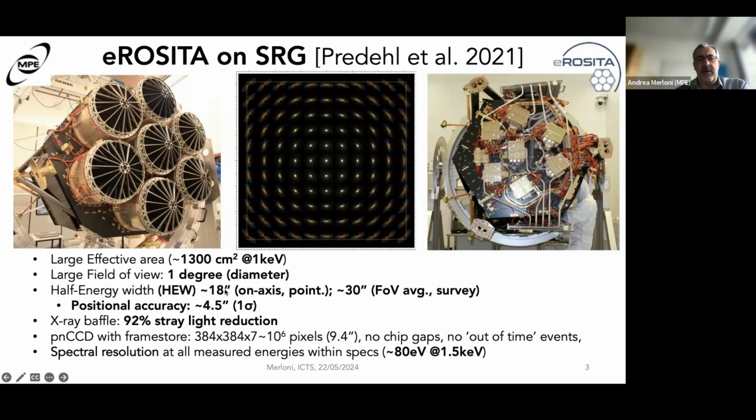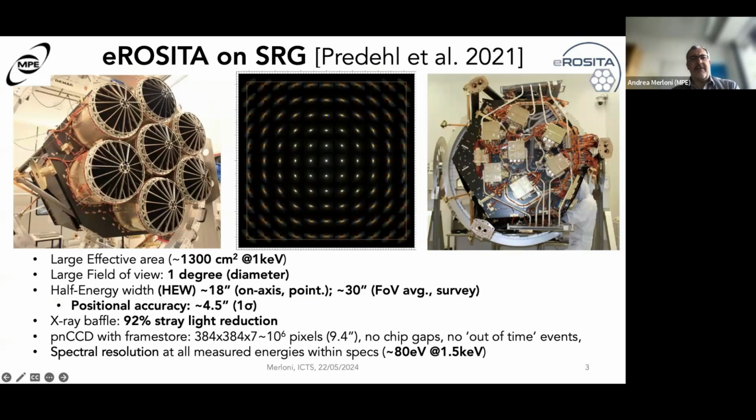On axis, our half energy width is about 18 arc seconds. When you average over the field of view, it is about 30 arc seconds. This allows us to position point sources to about 5 arc seconds, which is, at the depth of the survey, in most cases sufficient to have a reliable identification of the optical counterpart for any astrophysical source.